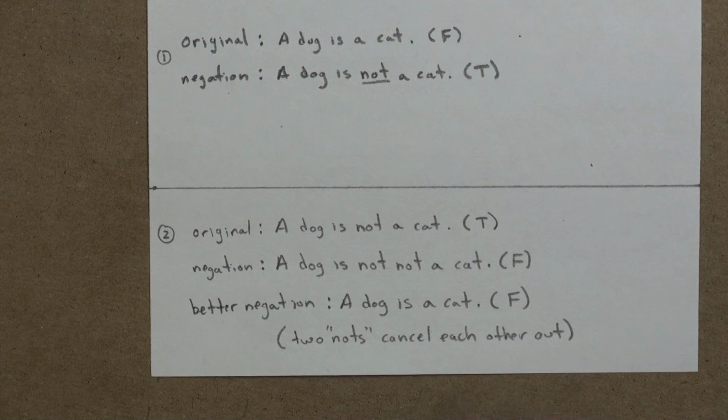So watch out for this one on a Regents question, because they like to do that. All right, so if the not is already in the original, just take it out, okay? Because we don't use this not type of English. All right, we cancel out two nots, just like we cancel out two negatives to become a positive.